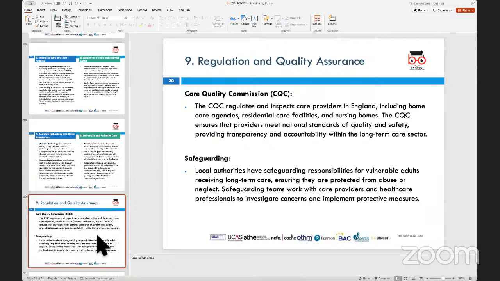Now, unlike short-term care, long-term care is often needed for months and years, and it could also be for a lifetime for an individual diagnosed with some sort of difficulties or disabilities.